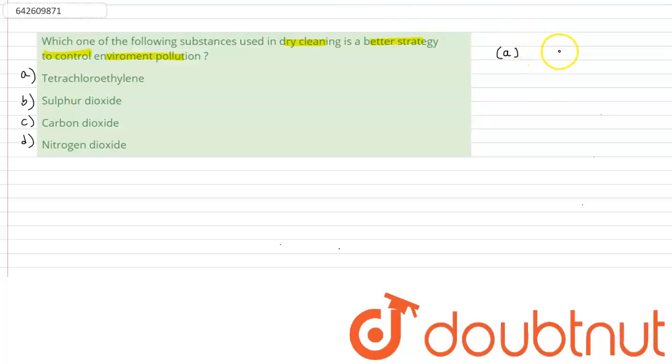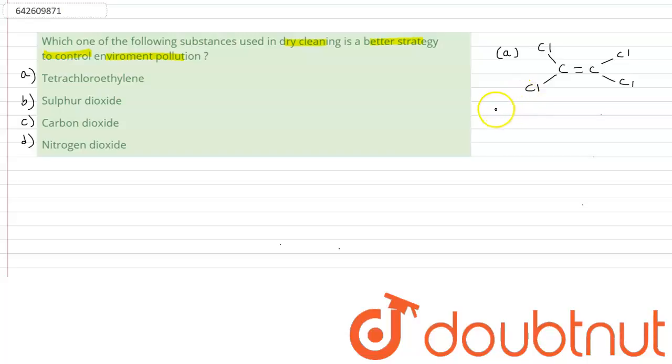So what is the formula for tetrachloroethylene? This compound looks like this. So this is tetrachloroethylene. I can say this compound is a very stable, highly stable compound, and highly volatile.